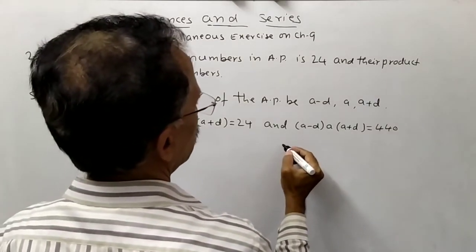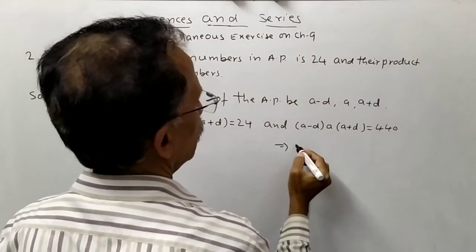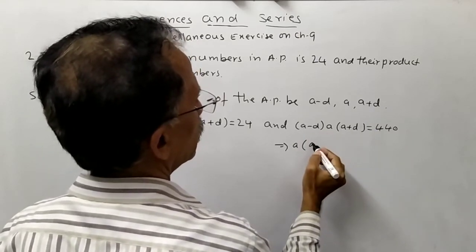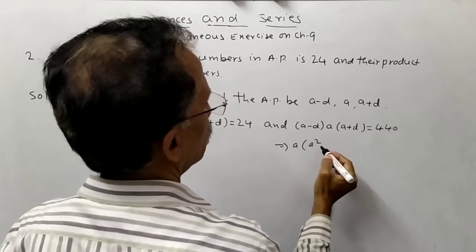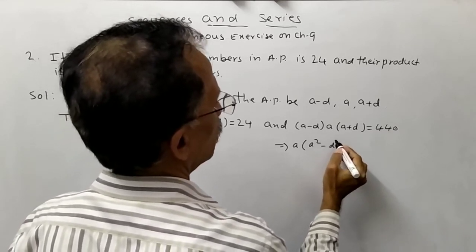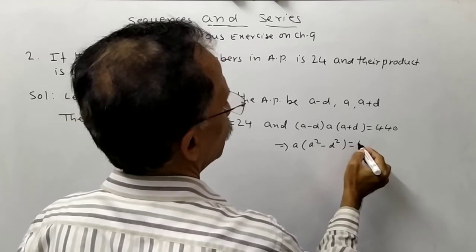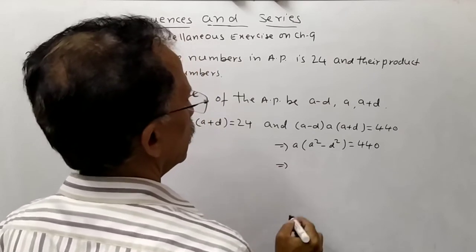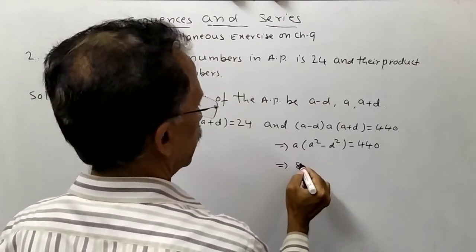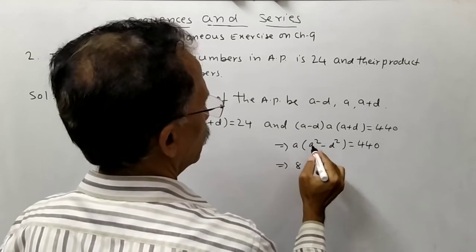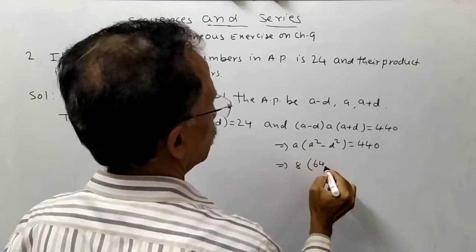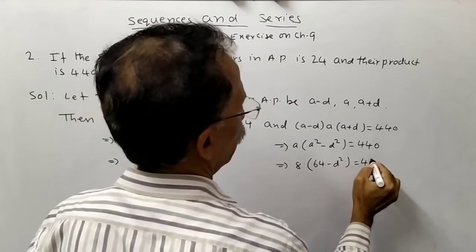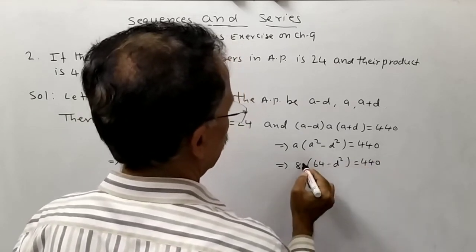Second equation implies A into A minus D into A plus D, that is A square minus D square is equal to 440. Here A is 8, so 8 into 8 square minus D square is equal to 440.